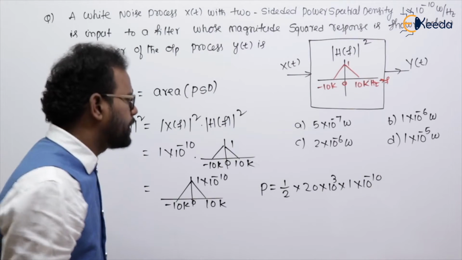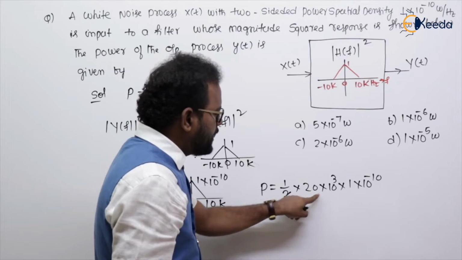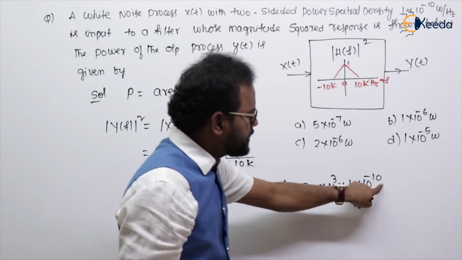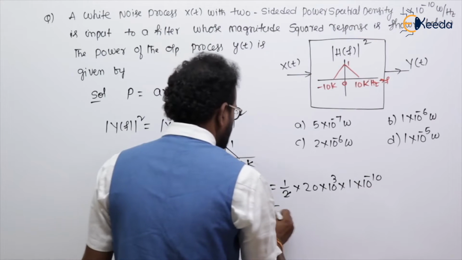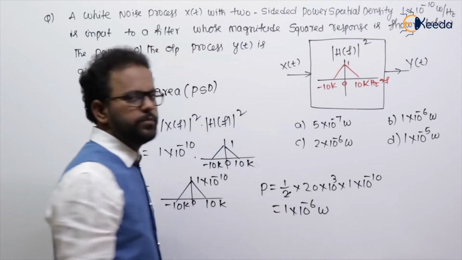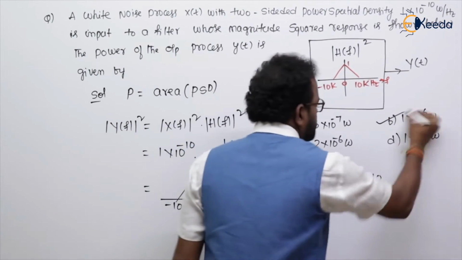Simple logic. So 2 cancelled, remaining is 10 into 10 cube, that is 10 power 4, times 10 power minus 10, so 10 power minus 6. So the remaining is 1 into 10 power minus 6 watts. You can see the options, students. Then option B is the correct one.